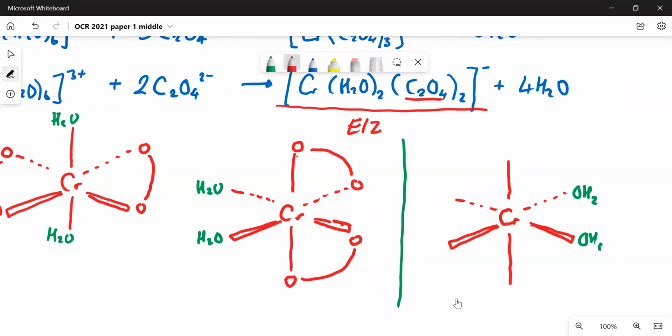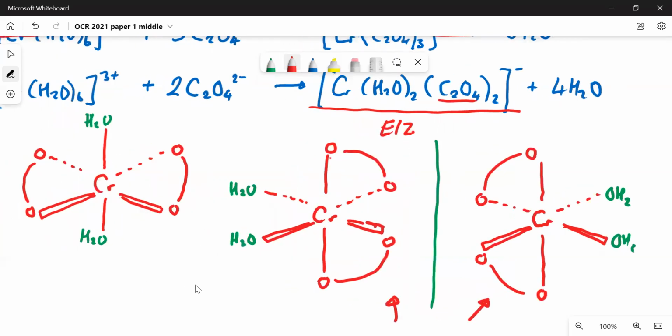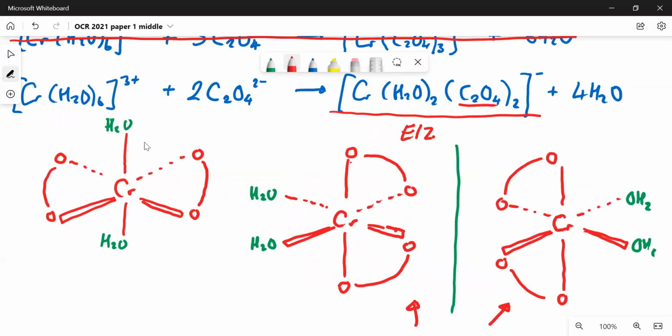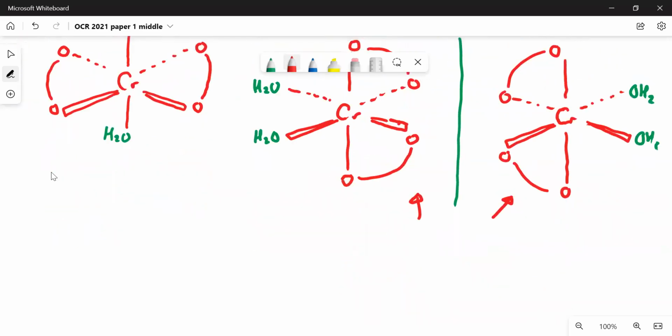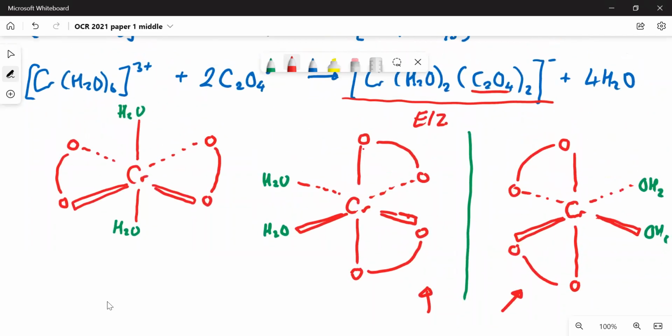This bidentate ligand there is going to be reflected there, like that, and this one like that. Now, those 2 I've drawn there, these are non-superimposable mirror images of each other. They are optical isomers. And you also have this other possibility here. This can't exist as 2 optical isomers. This is just a third one you can form with the water molecules opposite each other. They're the 3 different isomers you can form then. I'm going to leave that paper there now and continue it in the next video.